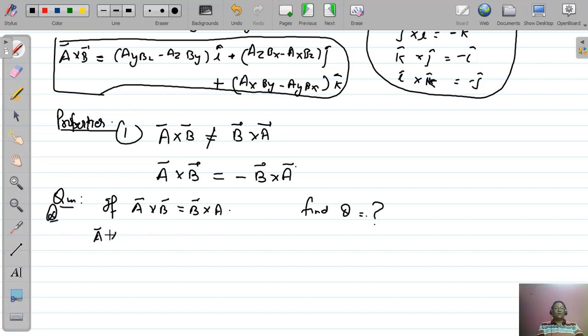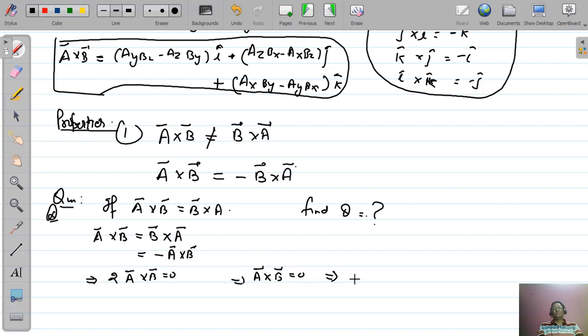We are given A cross B equal to B cross A. That means it can be written as minus A cross B. And we take this to the left side. That means it will be 2 of A cross B equal to 0. That means A cross B equal to 0.